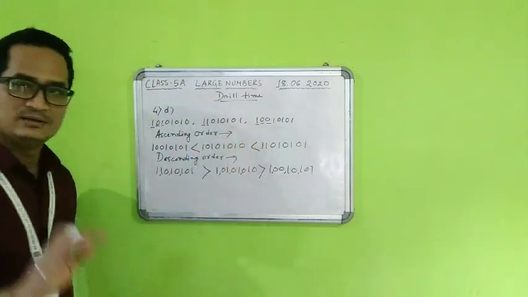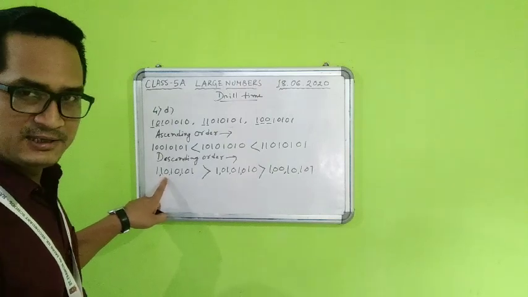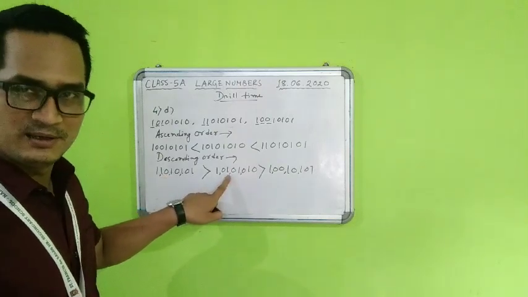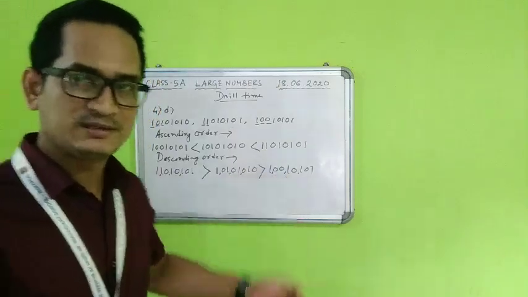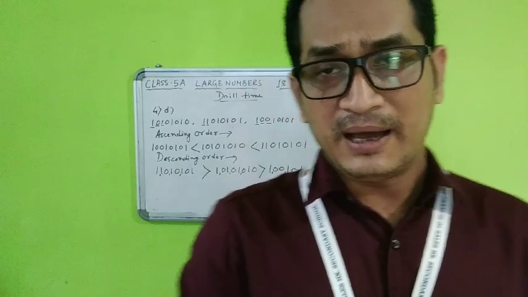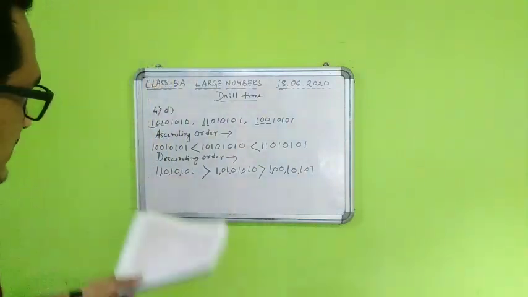Here the lakhs place is not there. So obviously we can say 10 lakhs is the greatest one. 1 lakh is the middle one, and there is no lakhs place directly. It is coming 10,000. So obviously that will be the smallest one. So if you recognize how to read the number, then also you can understand which one is the smallest and which one is the greatest. Fine. Okay. So students, please copy it down.